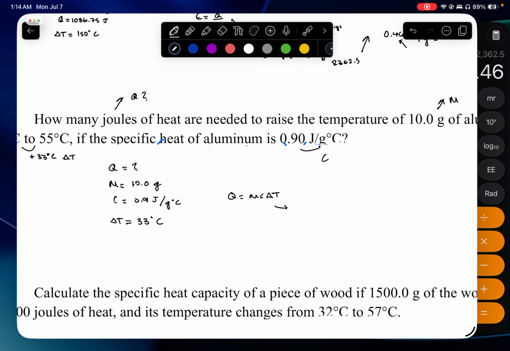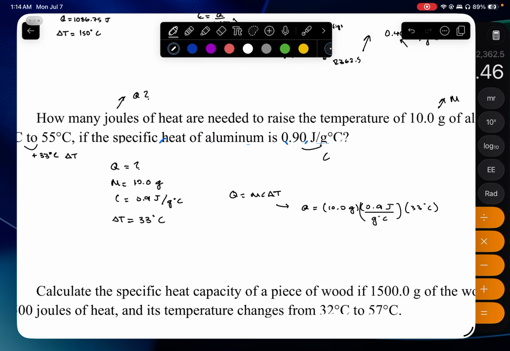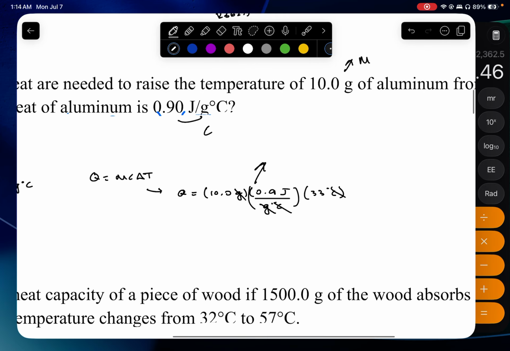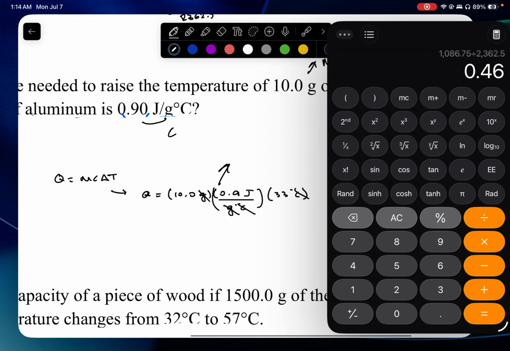Now we just plug in the values. Q is equal to 10.0 grams times 0.9 joules over grams times Celsius times 33 degrees Celsius. I already see that the units cut out: grams and Celsius cancel. So what we're left with is 10 times 0.9 times 33. 0.9 times 10 is 9, and 33 times 9 is 297.